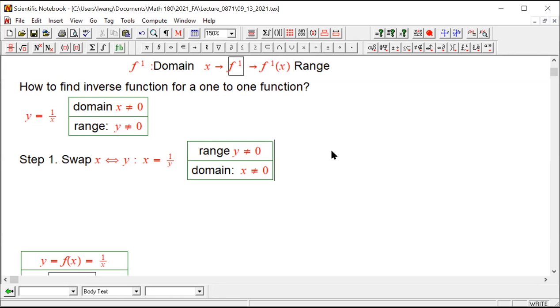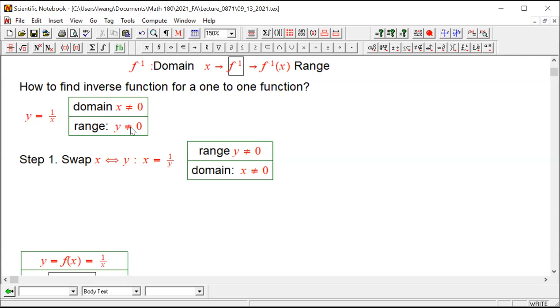Sir, did the range change value because of copy paste? Is the range correct? Can we check it? On the original function, y equals 1 over x, domain and range. Because here, y is 1 over x.